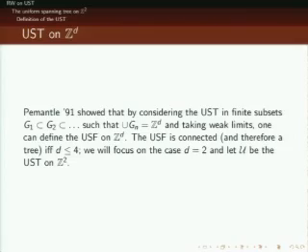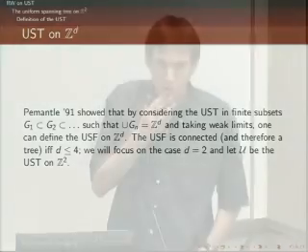If you want to look at uniform spanning tree on infinite graphs, Pemantle showed that, well, this is more general, this is not only in Z^d, but in particular, if you want to look at the uniform spanning tree on Z^d, you just look at the uniform spanning tree on finite subsets that increase up to Z^d, and Pemantle showed you can take a weak limit and that this is well defined.